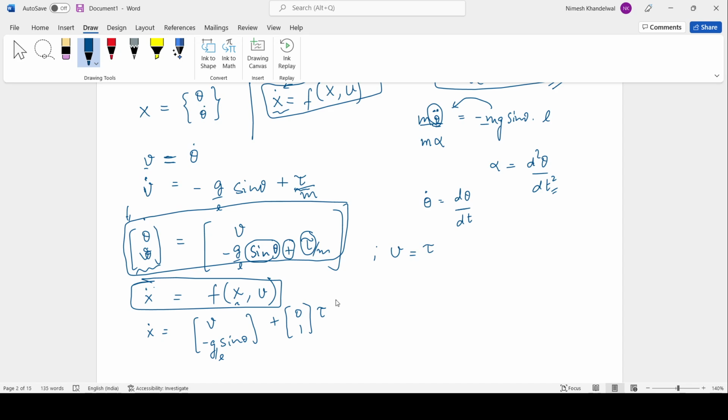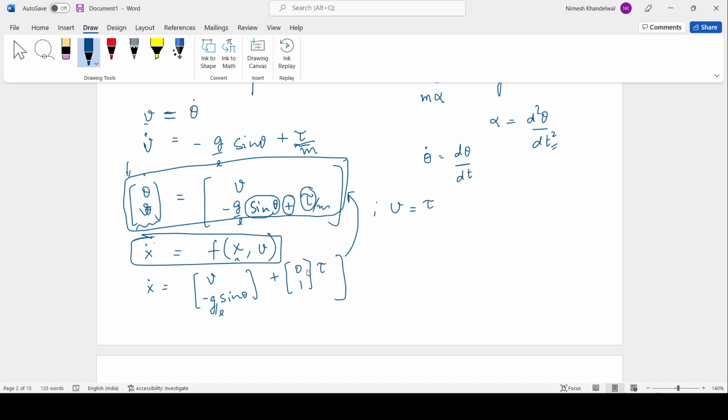Now, can you see that this equation and what we had written here are exactly the same? Tau, and then here 1 over m. Now these are the same.